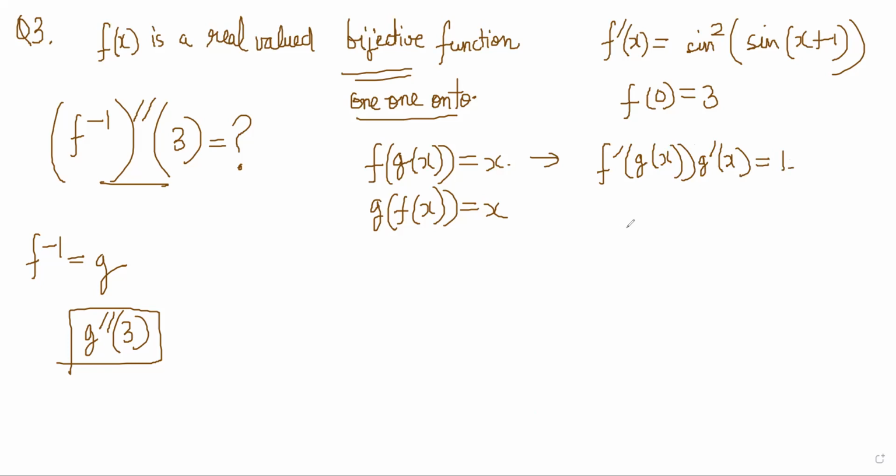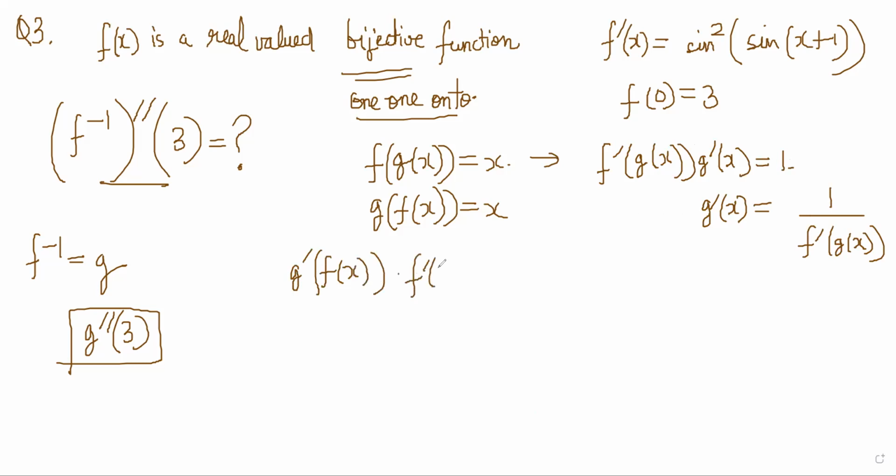Therefore, g dash x is 1 by f dash g of x. From the other one, g dash f of x into f dash x is equal to 1. So g dash f of x is equal to 1 by f dash x.